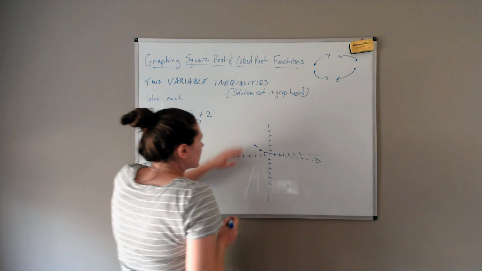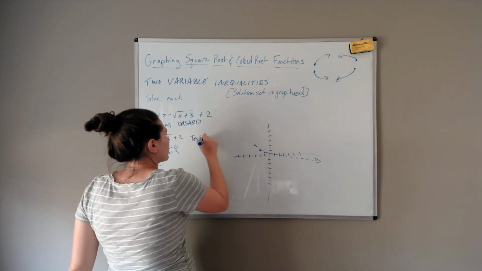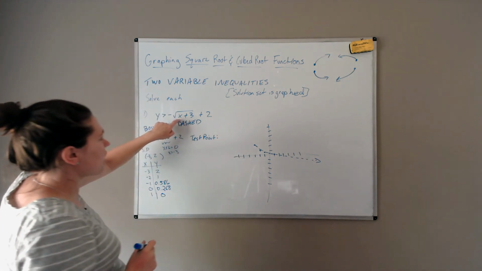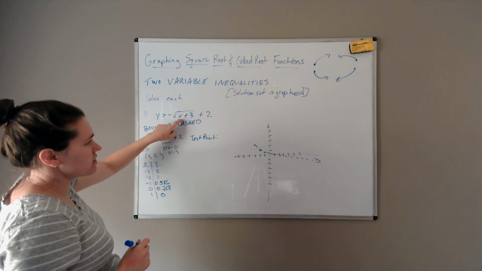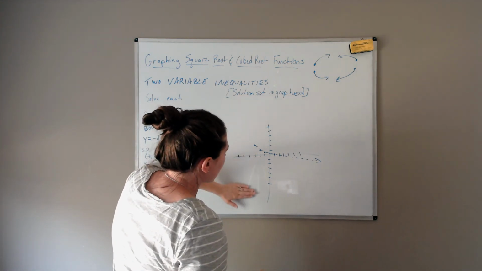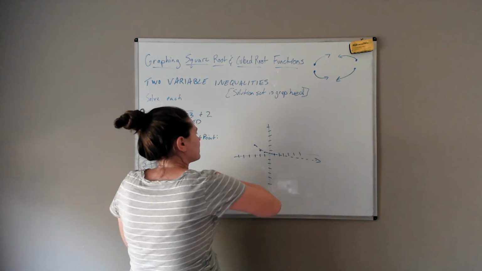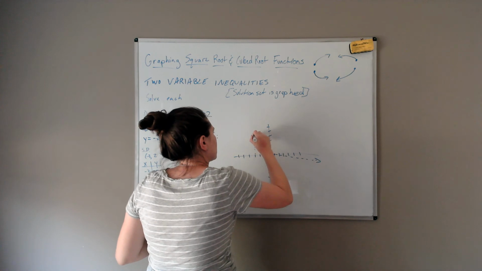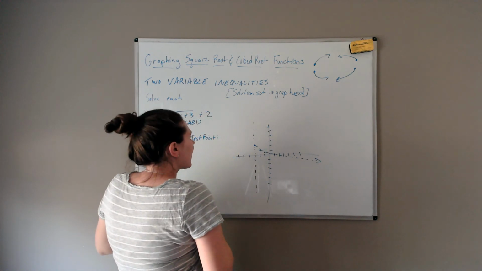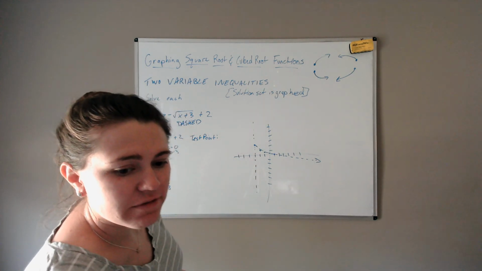Now, notice, none of this is part of your function. So when you test a point, you cannot test anything that would not be in the domain of the square root of x plus 3. So all of this area to the left here, you better not shade any of it, because those x coordinates are not allowed to be plugged in, since you would get the square root of a negative number.